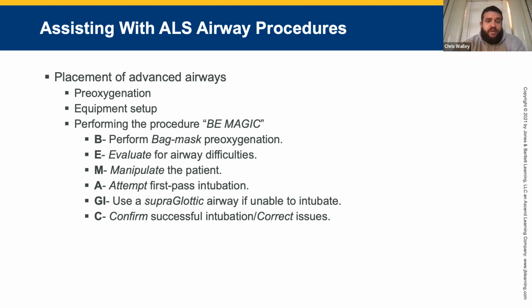The first step is to pre-oxygenate the patient. When we pre-ventilate them, I want them to stay between 12 to 20 breaths a minute, but I'm going to probably increase it. If they're normally breathing about 14 to 16, I'm going to probably up it to 18 or 20 on the high end.